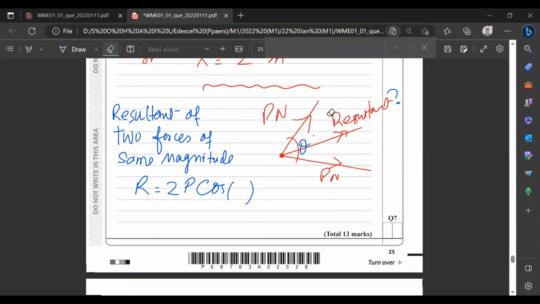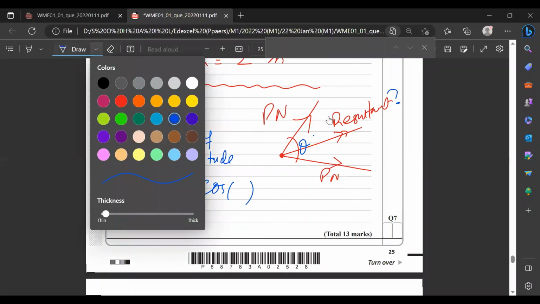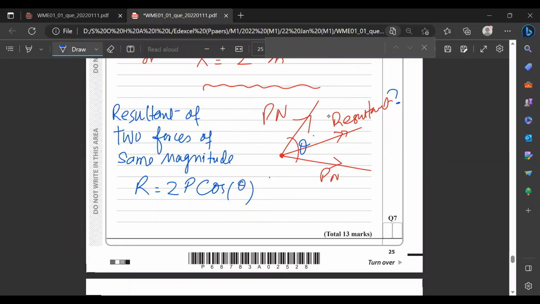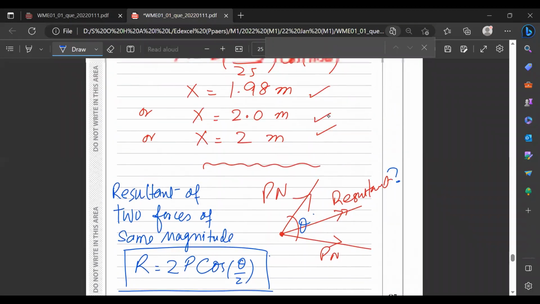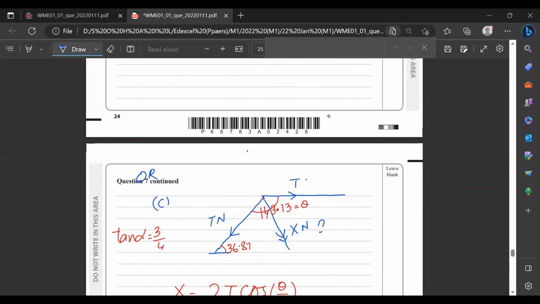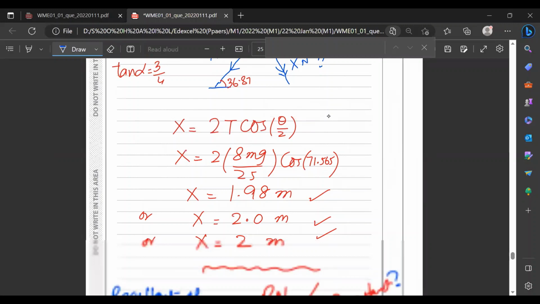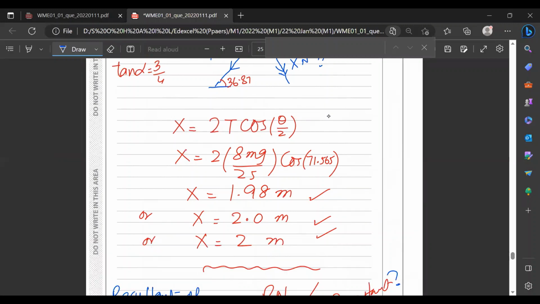So it is 2P cos of half of the angle between the two forces which are of the same magnitude. As this was 10 newtons and this was 10 newtons, the same magnitude, you can find the angle between them. So the resultant is 2T cos theta over 2.